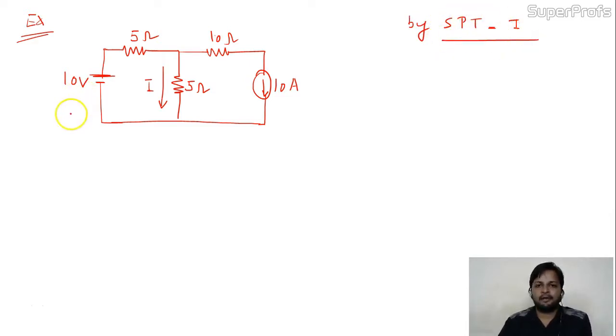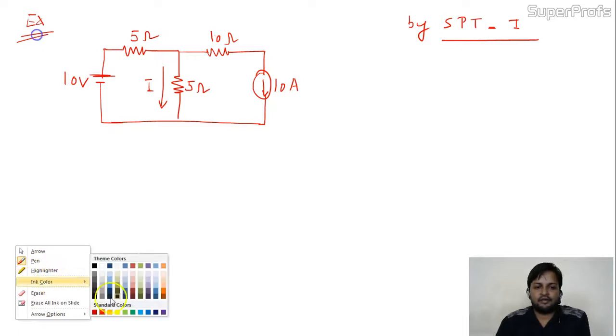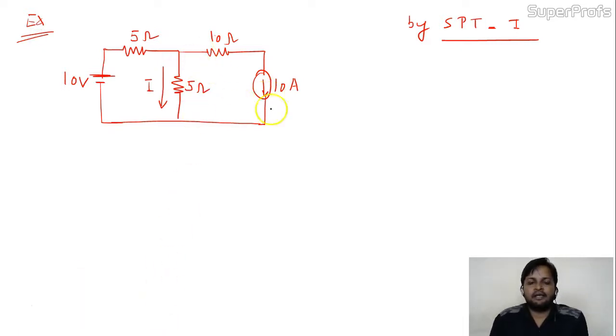So in this example I'll show you the steps of how to find the output by the SPT, the superposition theorem. According to the superposition theorem, first check the circuit: how many independent sources or dependent sources are there in the circuit. The independent sources should be more than one in the circuit. Then only we can apply the SPT.